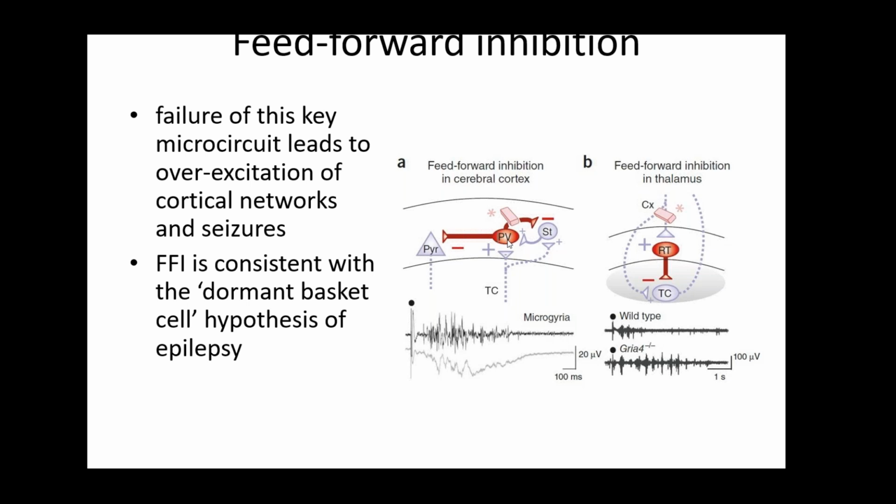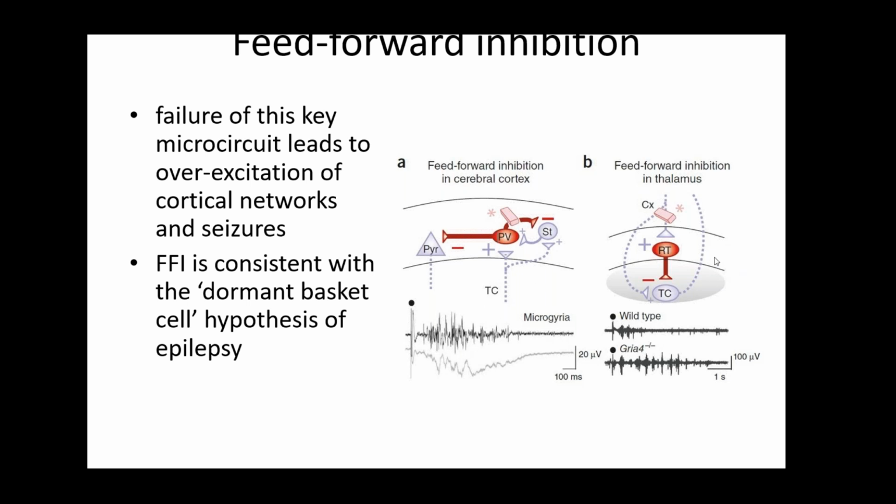So the feed-forward inhibition means that the inhibitory effect of the excitation of the thalamocortical networks coming in is going to be decreased, and the net result is less inhibition to the pyramidal cells, and you're going to have hyperexcitation.